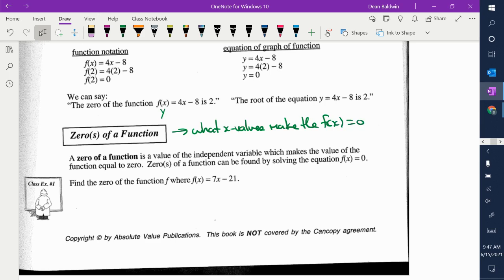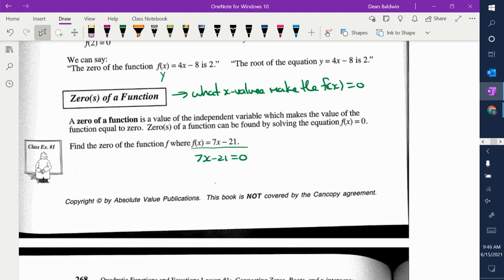So if I say, here's our function, 7x minus 21, what is the zero? I go, okay, f of x has to equal 0, therefore 7x minus 21 has to equal 0. And then you just solve for x. That's all you're doing when you're finding the zeros.